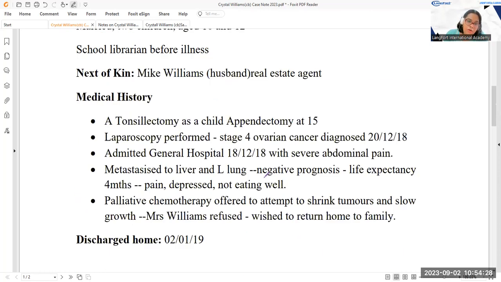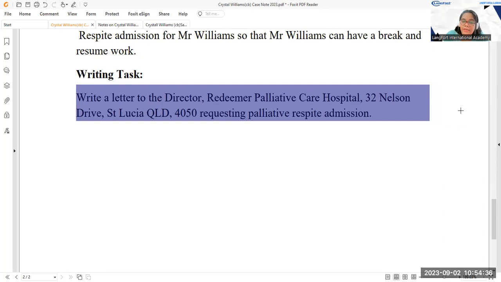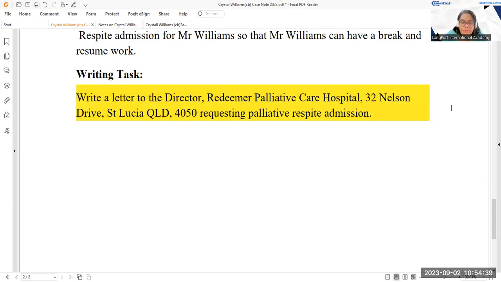So in this letter, you are, as a writer, a community nurse. Now let's have a look at the writing task. Take 30 seconds. Go through the writing task. Okay, Smita, who are you writing the letter to?